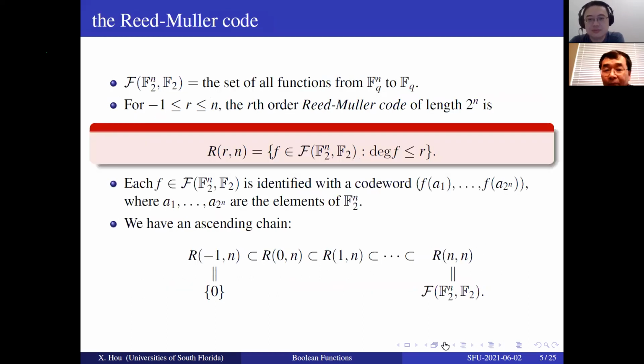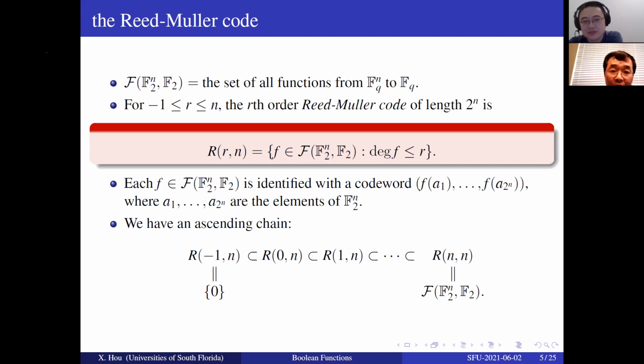Then we look at the set of all functions from F2 to the, I'm sorry, here should be F2. I gave another talk in which the field is Fq. So here everything is over F2. And then we look at the functions from F2 to the n to F2 whose degree is less than or equal to r.